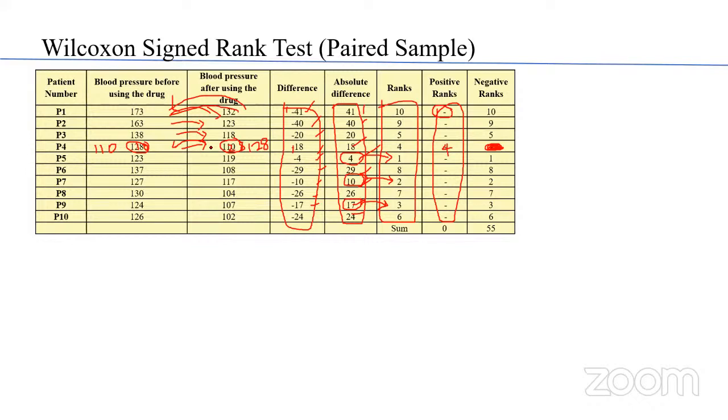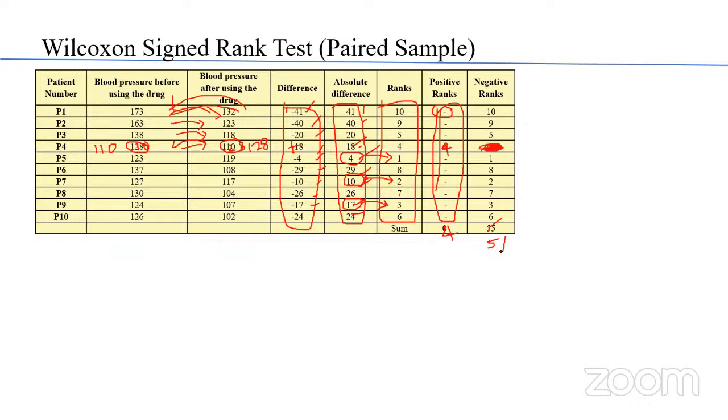In that case, it is going to be a plus 18, and that plus 18 will get a positive rank, which is numbered as 4, and you will not get any rank here. So if you add all these, we'll be getting only 4 here. And as I have deducted this 4, it is going to be 51. So that is what the Wilcoxon signed rank test does: positive ranks and negative ranks.